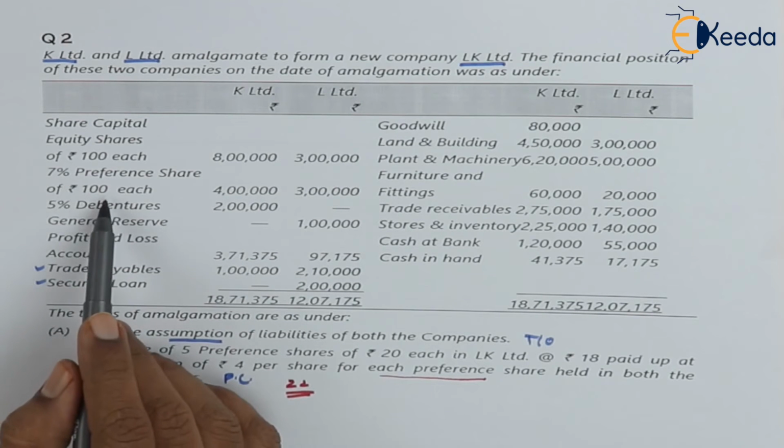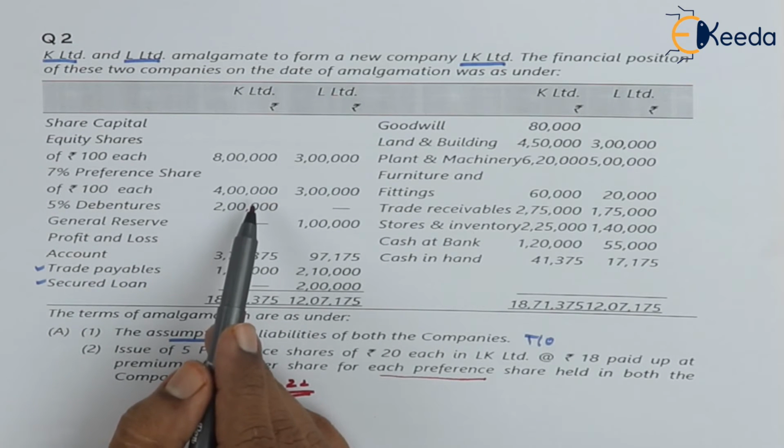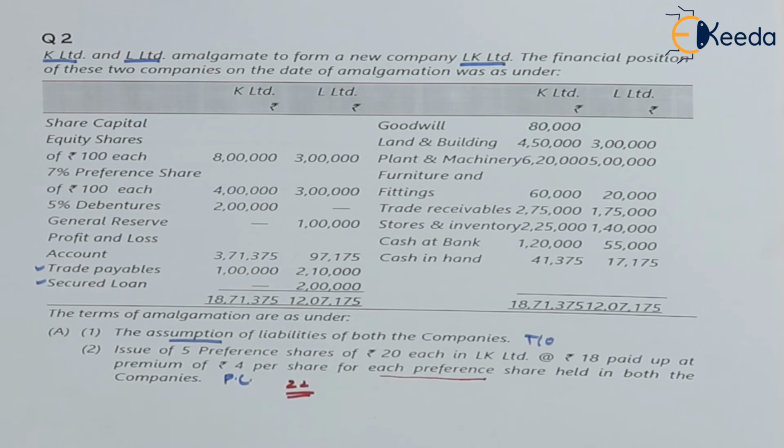If I say shares of 100 each, the existing shares are 4,000. For 1 share we get 5 shares, so for 4,000 shares, simply multiply and you'll get 20,000 shares. So let us write 20,000 preference shares at rupees 22 per share for us.